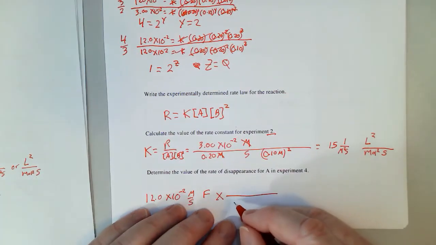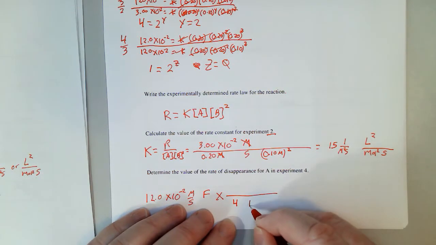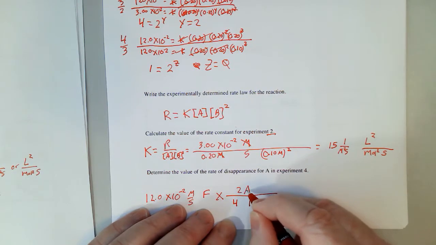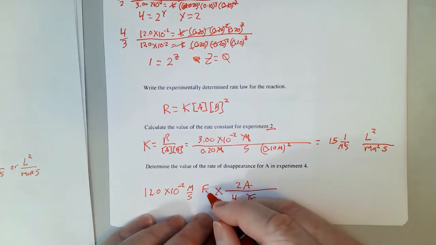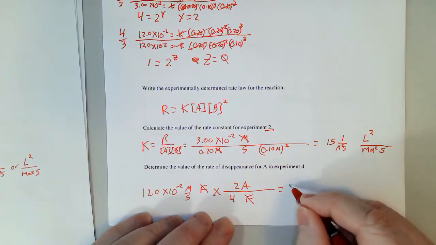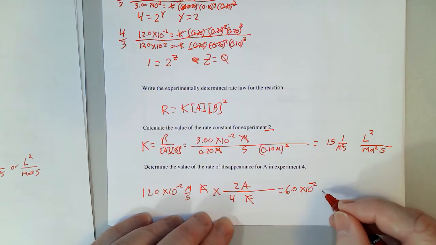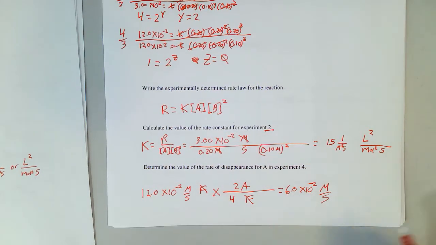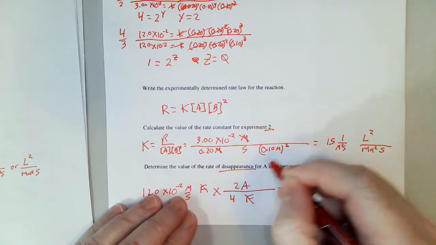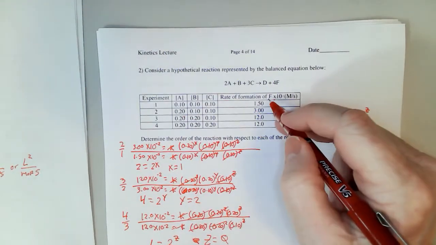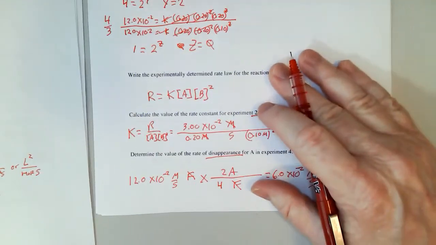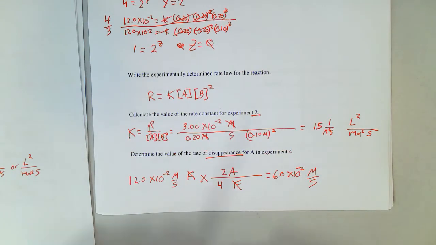I hope that's not your last report card. 4F for 2A. The F's cancel. And this is 6.0 times 10 to the negative 2 molar per second. And I'm not worried about positive and negative signs because we use the word disappearance and the word formation there. So that pretty much tells you which one's positive and which one is negative.